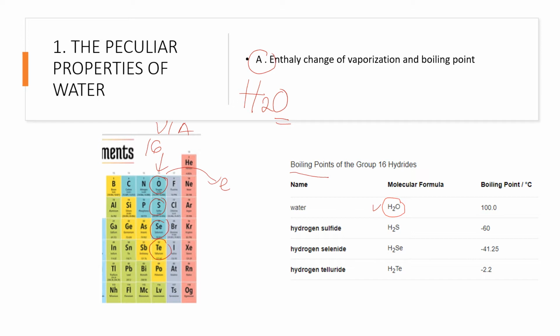The fact is that H2O has the highest. This phenomenon can only be explained by the hydrogen bonding present in the H2O molecule.